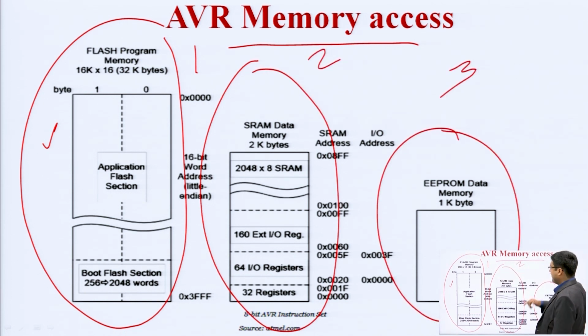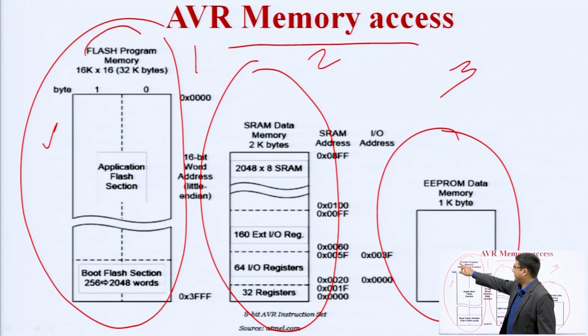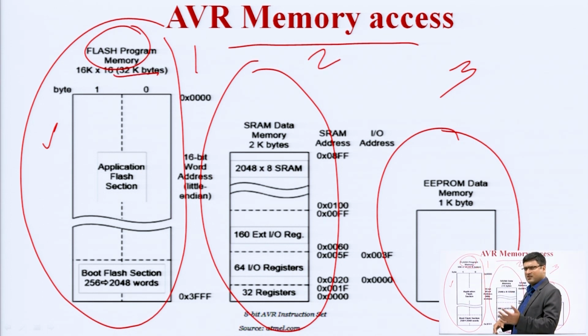The first block is dedicated to the flash program memory. In the features of the AVR microcontroller, we have seen that it has a flash program memory. Flash means that read and write operations are possible in AVR microcontrollers.